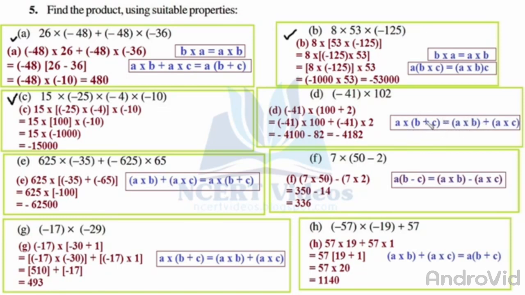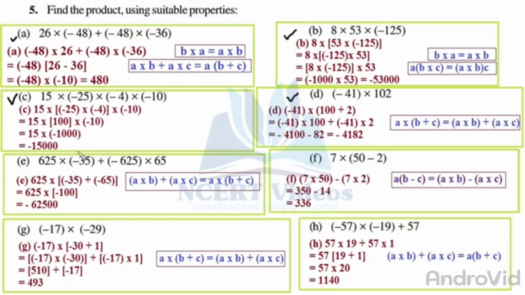And this is the identity that allows us to do it, that you have studied in this chapter. That is a into b plus c equals a into b plus a into c. So fixing 2 zeros, because we are multiplying with 100, minus 41 into 2 is minus 82. Now both are negative, we add them up and put the sign of negative. That is negative 4182 is your answer.